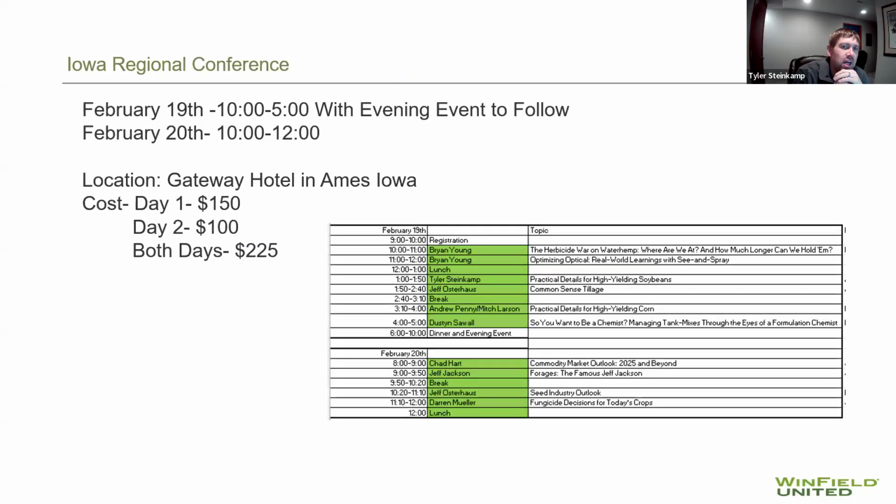In addition, we do have the Iowa Regional Conference coming up on February 19th and 20th. Got a lot of great topics coming up. Brian Young from Purdue is going to start us out. He's got some really good information on the war on waterhemp. How can we fight them? How can we hold them? Some interesting perspectives on See and Spray.